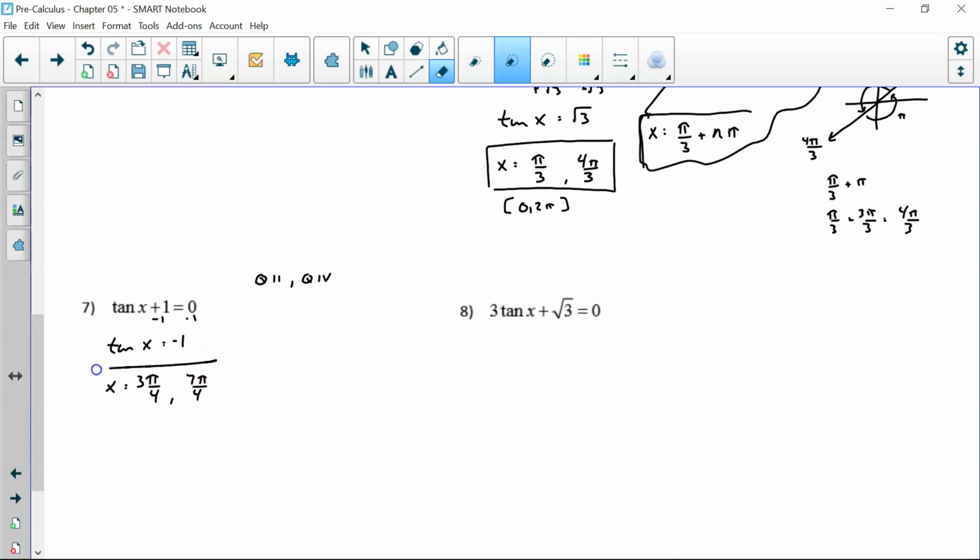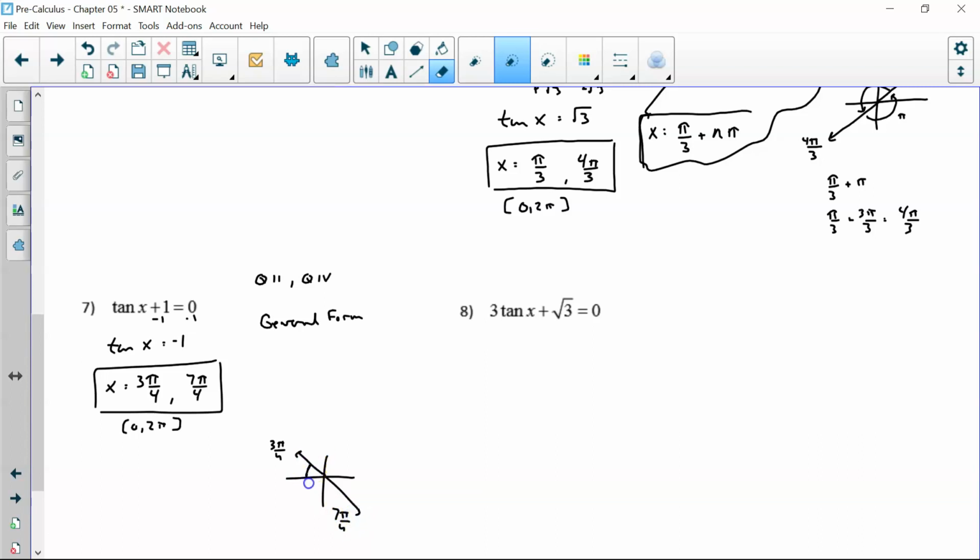There's our solutions from 0 to 2 pi. Now, if we're looking at the general form, so once again, here's our 3 pi over 4, and here is our 7 pi over 4.